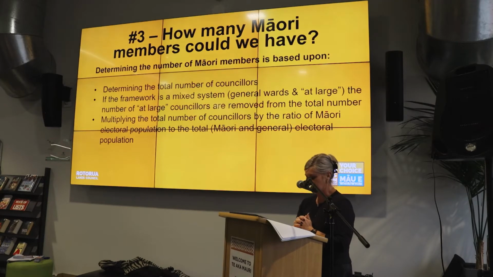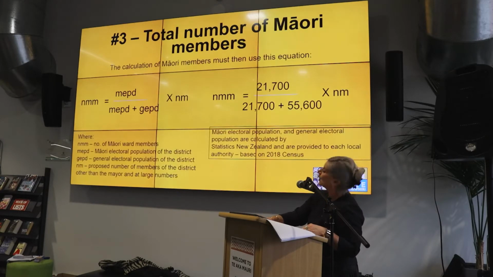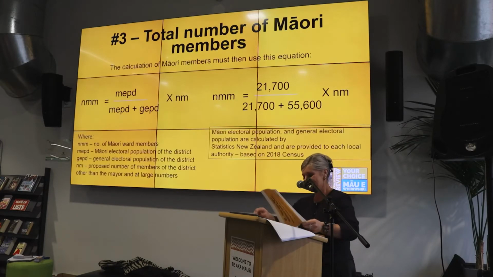Determining the number of Maori members is based upon, first of all, identifying the total number of councillors that we will have, and then having made a decision on what type of framework is going to be used, and whether that is a mixed system of general wards and at large, taking those at-large councillors and removing them from a calculation, and then doing a very complicated calculation to work out those numbers.